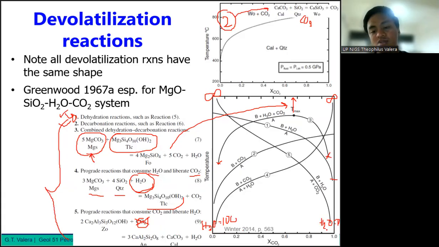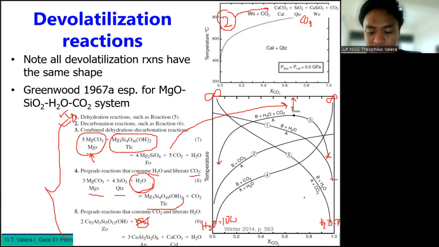This is zero water, H2O 0, 100% CO2. So if you only have CO2 in the interstitial phase, then zoisite breaks down immediately to compensate by adding water to our system. Right? So that's how you interpret these 5 curves.